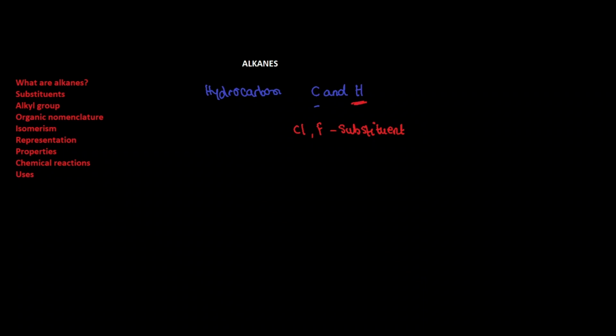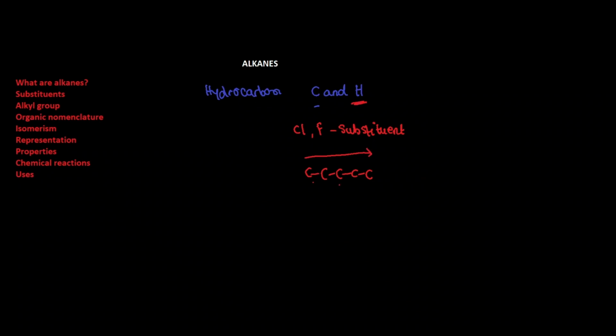Another way in which we can consider substituents is that given a particular carbon chain, or a particular organic compound, in naming this organic compound, we're still going to look at organic nomenclature, but we consider the longest continuous carbon chain. In this case, the longest continuous carbon chain is, of course, this.